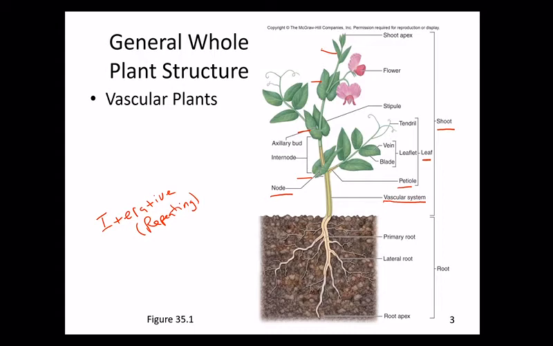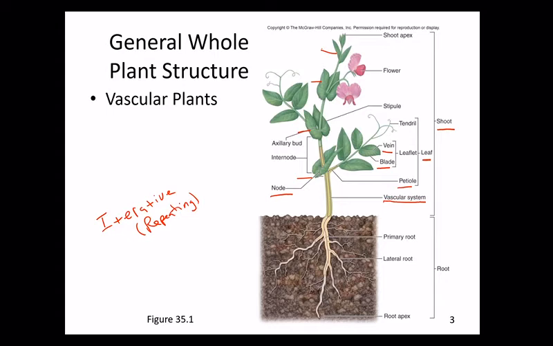The leaf itself is made up of the blade and the vein. The blade is the flat portion, with a lot of cells present there that will collect sunlight for photosynthesis, and the vein is made up of the portion of the vascular system that extends into the leaves.